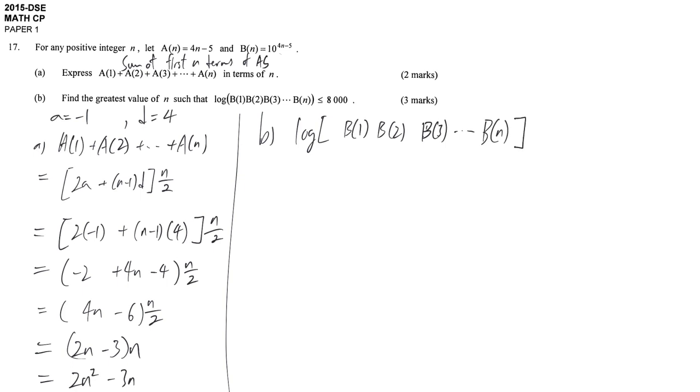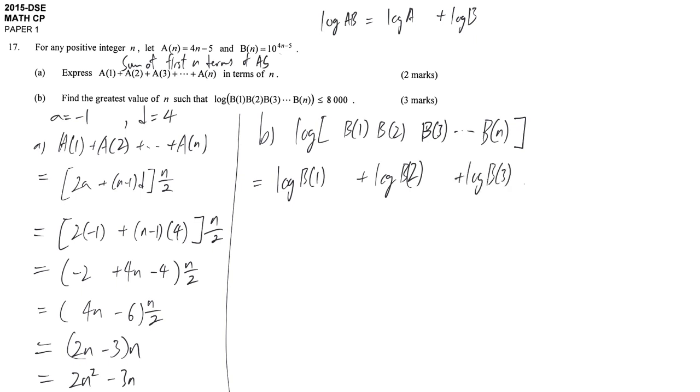If you remember the log property, log of a product is equal to log of its factor plus another log factor. So what is inside is something multiplied together. Then we should use the property to separate them. Therefore we have log first term, log second factor, log third factor until log the n factor.